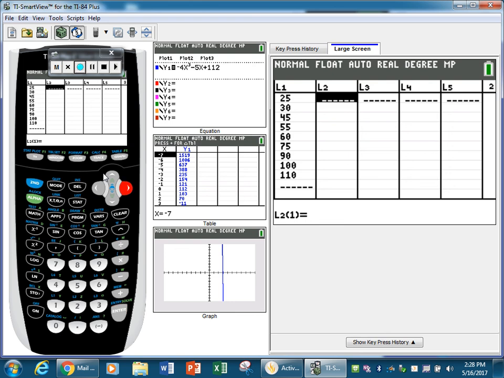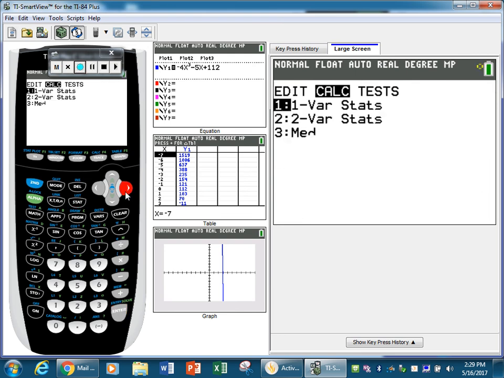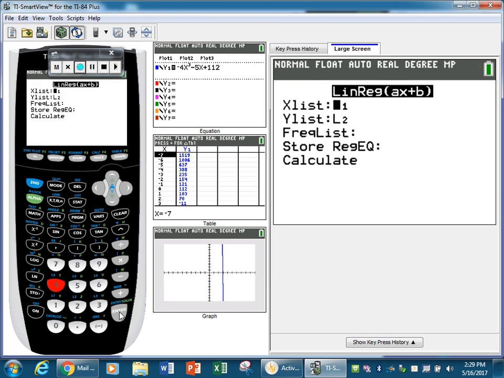So that's my x values, and now I'm going to do my L2, my y values. And now I'm going to find my linear first. It's easier just to start with linear and then work your way down. So stat over 4, enter.